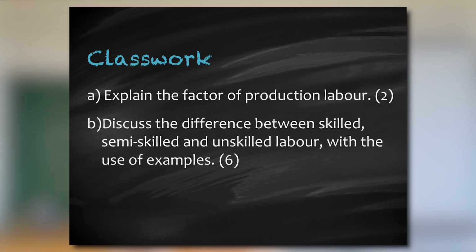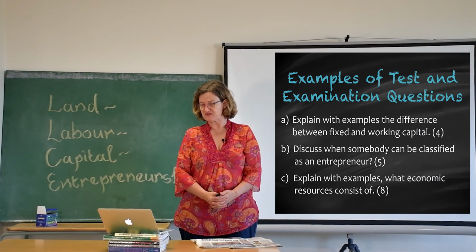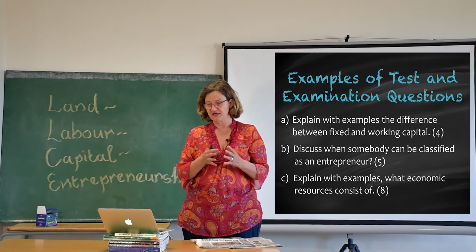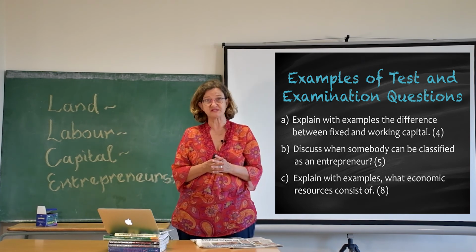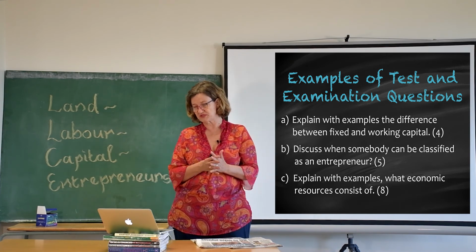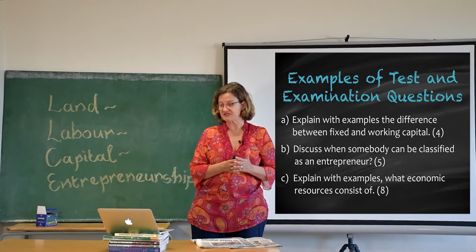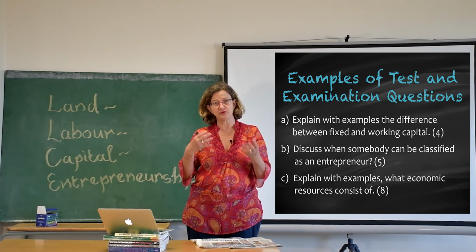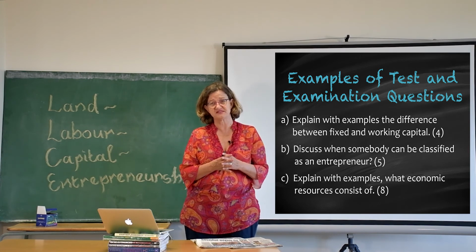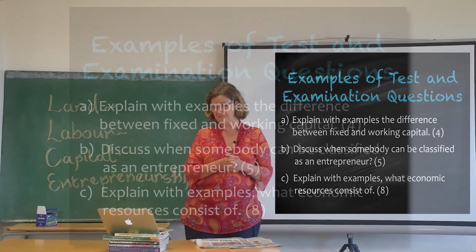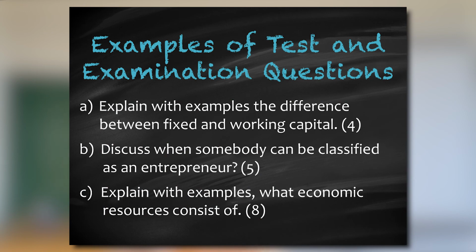Okay, and then I have also for you exam questions or test questions which you can use. Explain the difference between fixed and working capital. That can be tested for 4 marks. Discuss when somebody can be classified as an entrepreneur. So then you bring up the different characteristics and features that an entrepreneur must possess, and then explain what economic resources consist of.